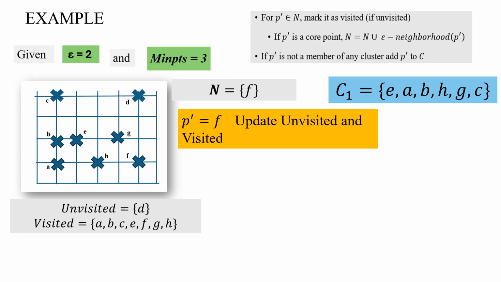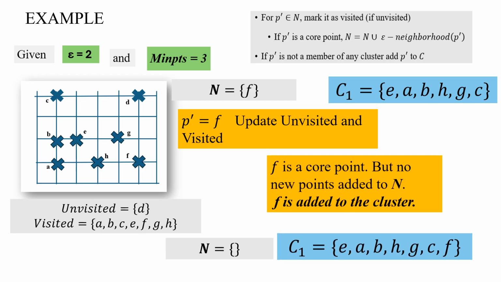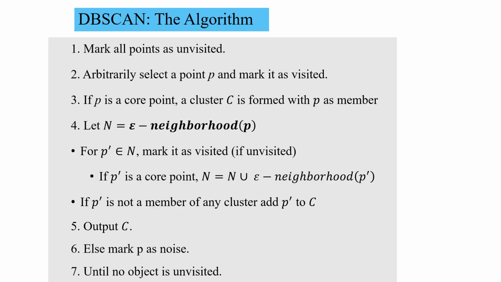The visited set comprises the rest of the elements. F is again a core point, but no new points added because G, H we are already done with. So F does not bring in more points. It is added to the cluster. So here EABHGC. This is our present cluster.